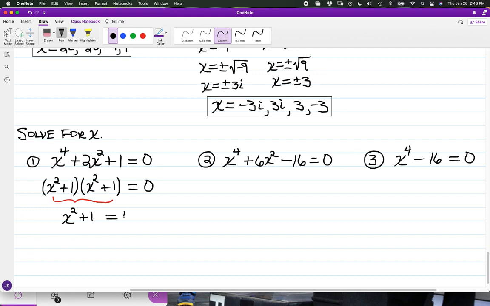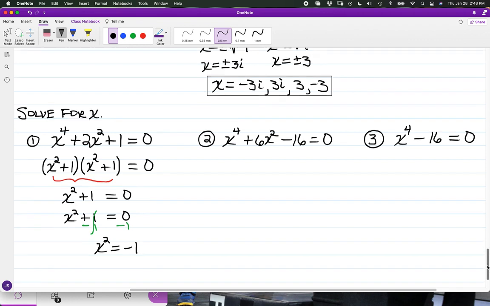Okay, so you have x squared plus 1 is equal to 0. And if I isolate the x squared term, upon taking 1 away from both sides, we're going to have x squared is equal to negative 1.